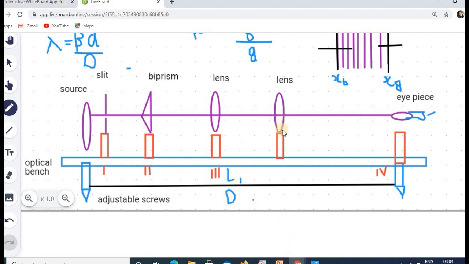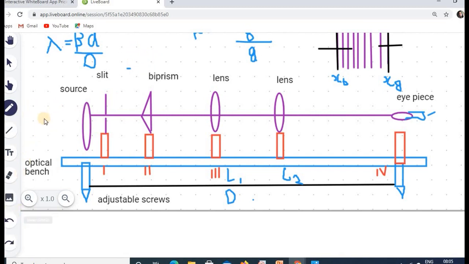Similarly, if we move this lens, that is the third upright, very close to the eyepiece, you can observe another two real images, and I can name that position of the upright as L2. While the lens is at position L1, you can see two real images of the source, S1 and S2, and at this position the distance between these two images is measured as D1.